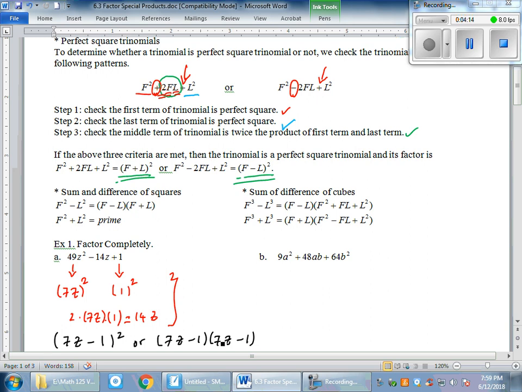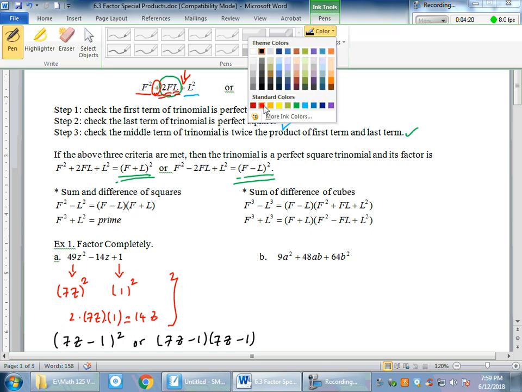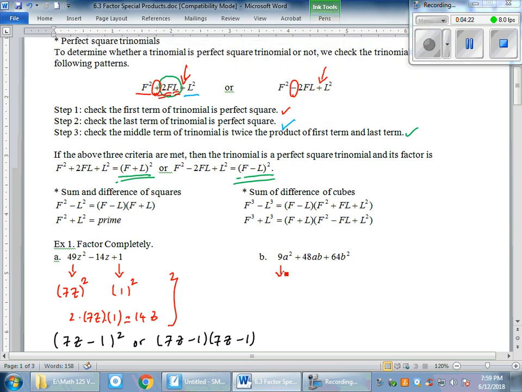Let's look at the next example. The next example has 9a squared. So 9 is a perfect square number, and a squared, so I can rewrite that as 3a, quantity squared. That's going to be my first. And 64 is also a perfect square, which is 8 times 8 is 64, so it'll be 8b, quantity squared. Now what's left is we need to check the middle part.